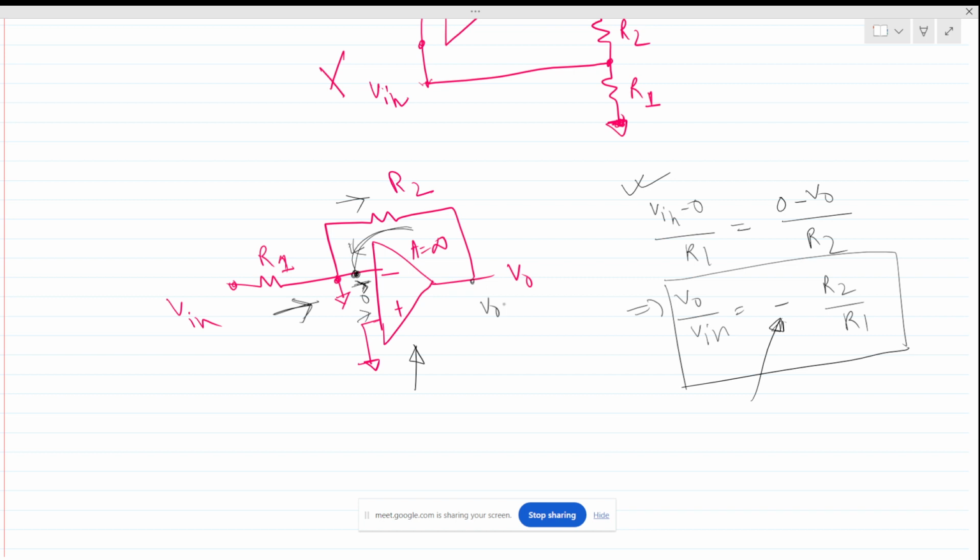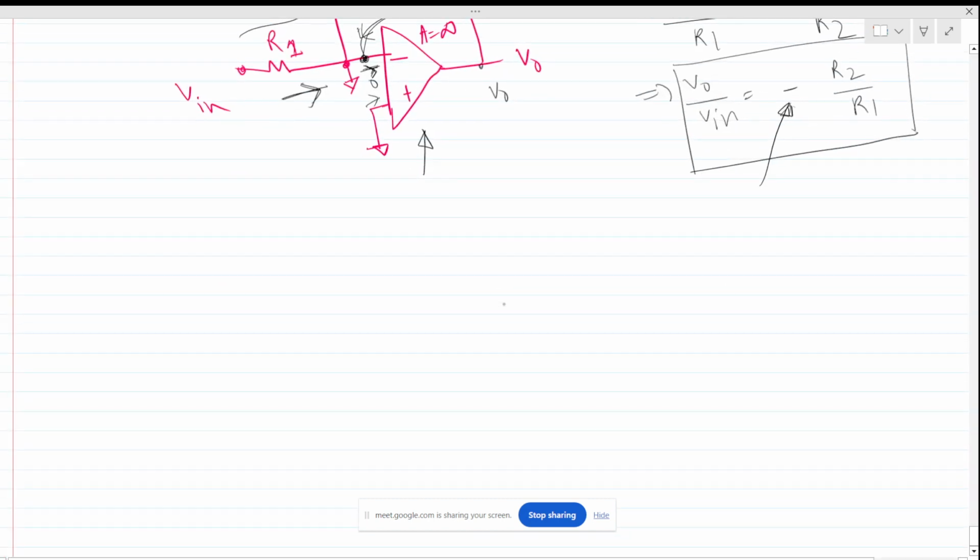Can I write the loop gain for this circuit? Yes, we can write. Let me try to make the loop gain here.